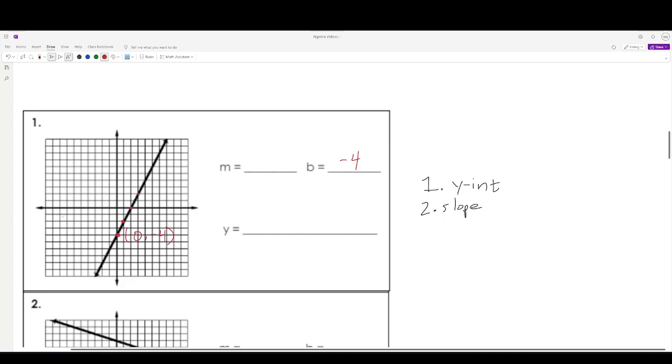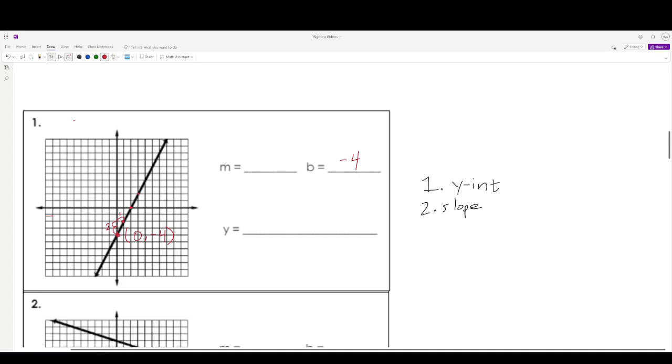Notice that there are no numbers on the grid lines of this graph, so we assume that if there are no numbers, then each square is always equal to 1. So here we can go up 2 units, that's our rise, and to the right 1 unit, that's our run.